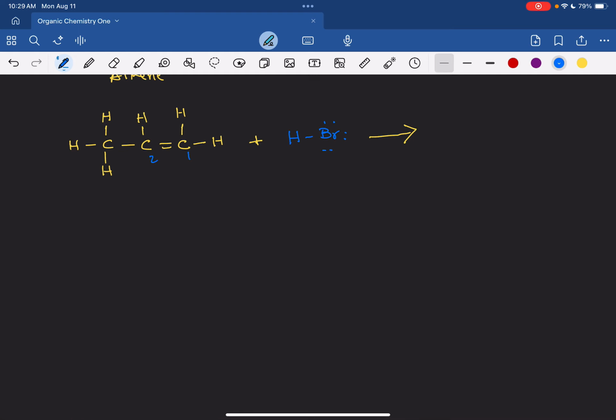Carbon 1, 2, 3, right? So we do have an asymmetric alkene. Let's look at it. Find the carbons that share the double bond, okay? On carbon 1, I have only 2 hydrogens bonded here. But let's look at carbon 2. I have a hydrogen. This is also bonded to carbon 2, so I have a hydrogen and a CH3. This is an asymmetric alkene.